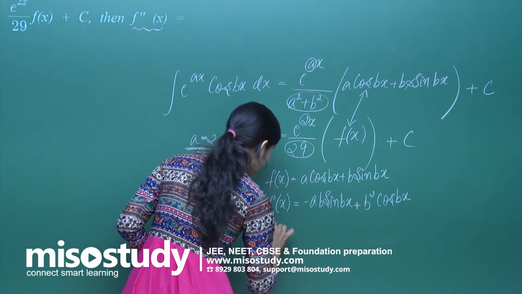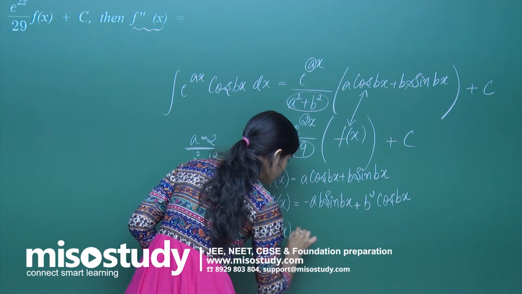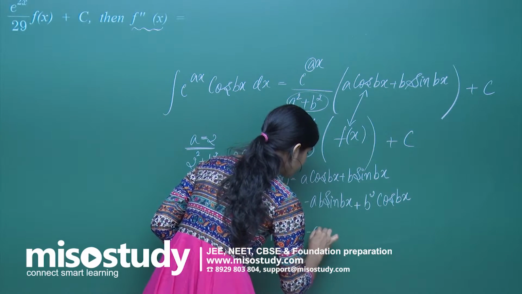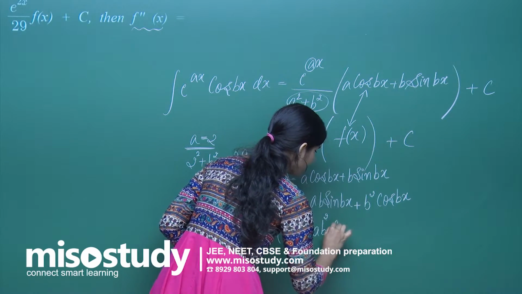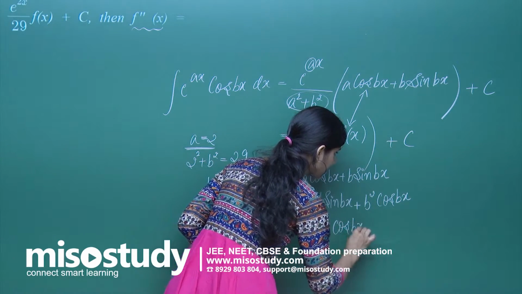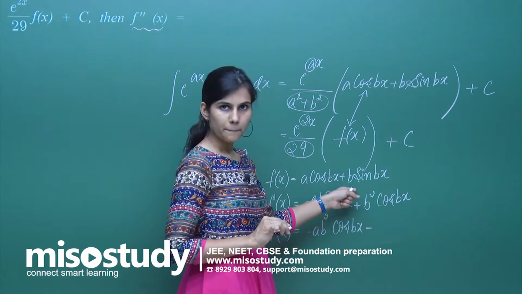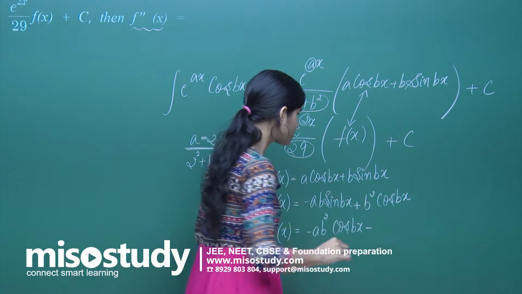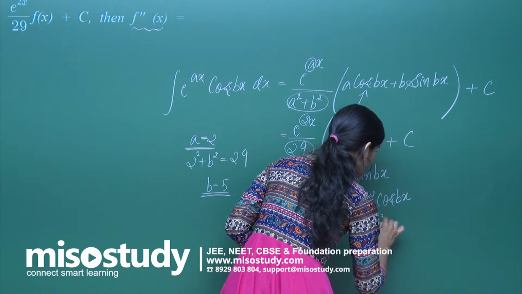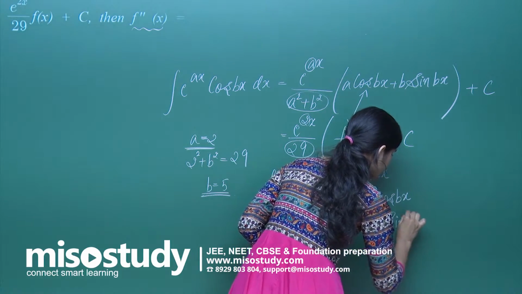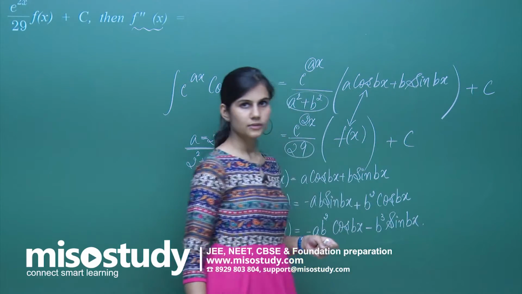Again if you differentiate, you get what? Minus ab is already here, square cos bx, and here it will be minus, this was cos bx, so b square, and then here you get b cube sin bx, isn't it?